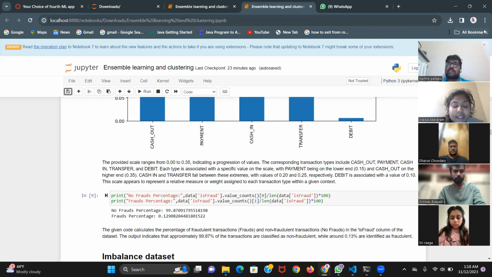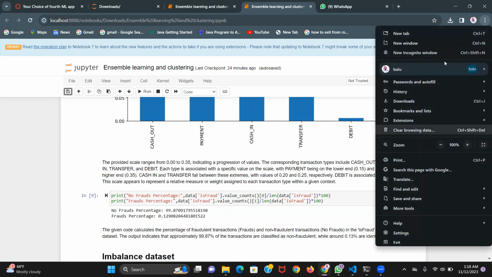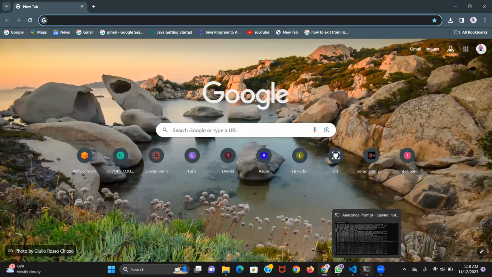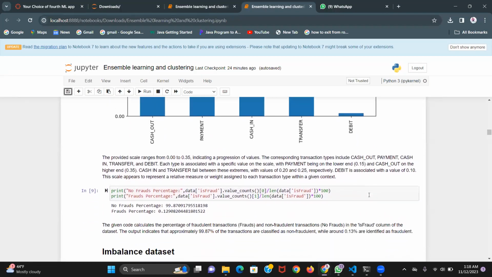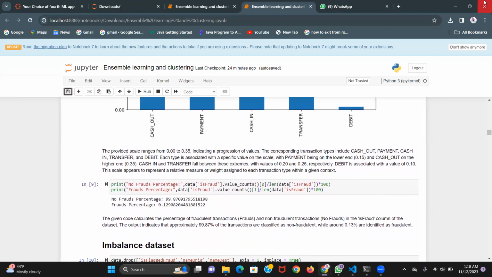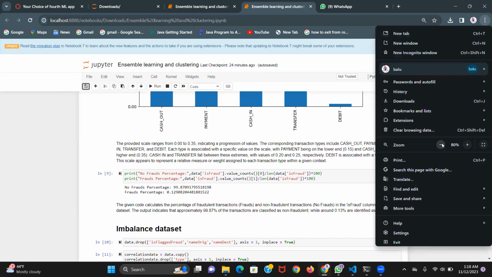The provided scale ranges from 0.00 to 0.35, indicating a progression of values. The corresponding transaction types include cash out, payment, cash in, transfer, and debit. Each type is associated with a specific value on the scale, with payments on the low end and cash out on the high end.